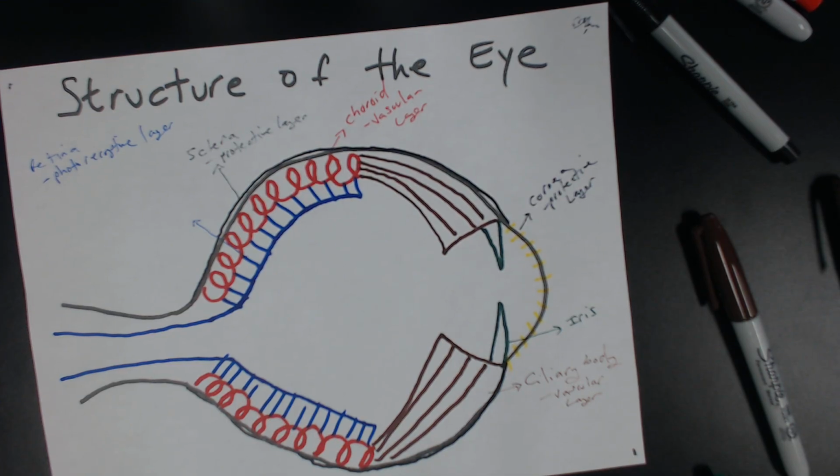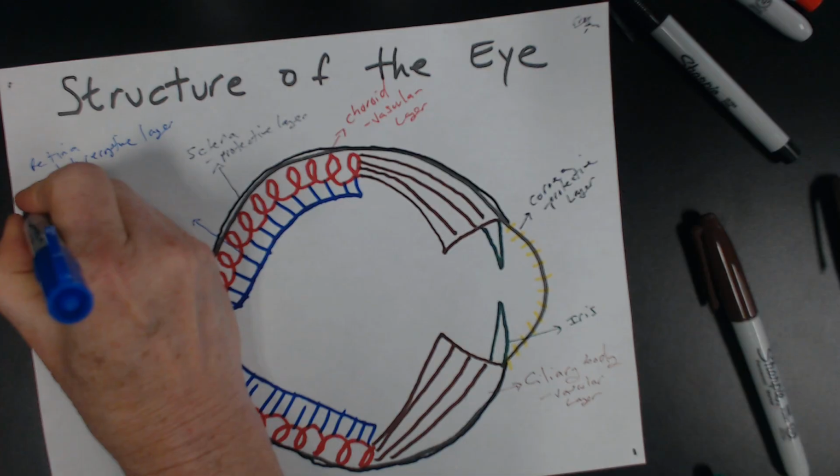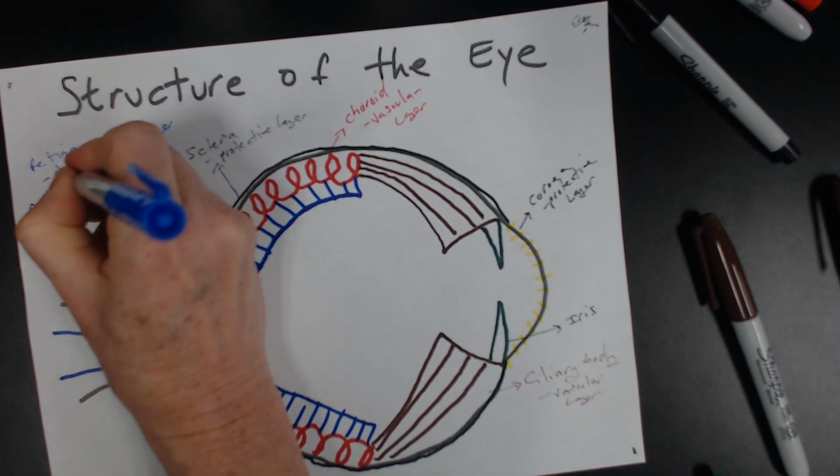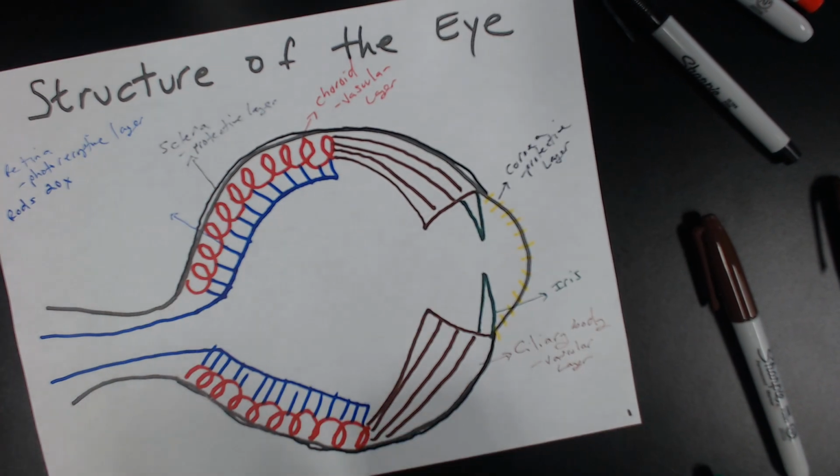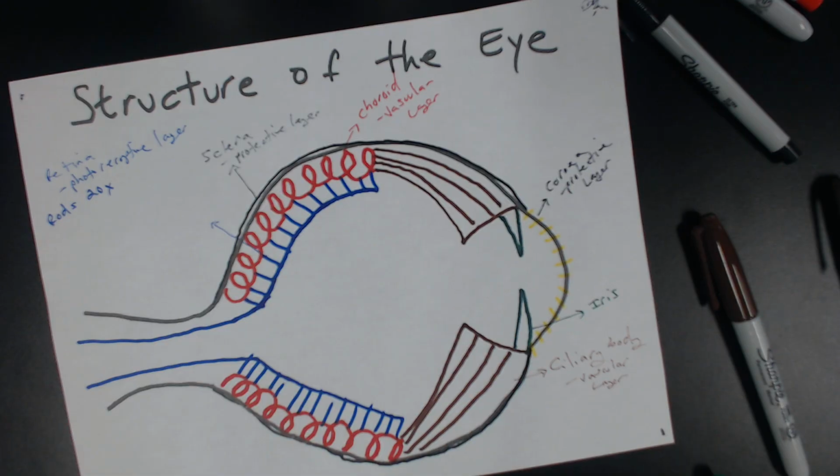So the retina itself is composed of two different cell types. Does anyone know the cell types for the retina that make up the photoreceptive layer? Rods and cones. Perfect. Okay. So rods are going to be 20 times more prevalent than cones. Okay. And do rods function best in bright light or dim light?